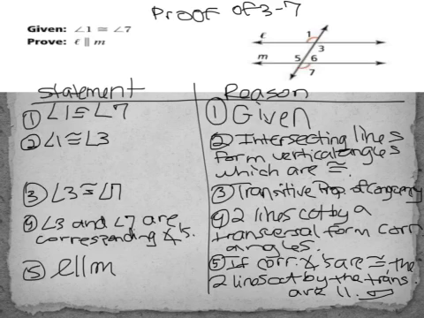And that would be the end of our proof. But there are multiple different ways that you can do this. When we're proving a theorem, so like here we're proving 3.7, we don't want to use what the theorem states. So when we're proving alternate exterior, we don't want to use alternate exterior. In any other case, if you're not proving a theorem, you could have just used alternate exterior angles here.